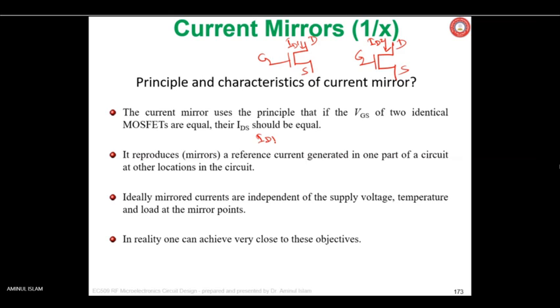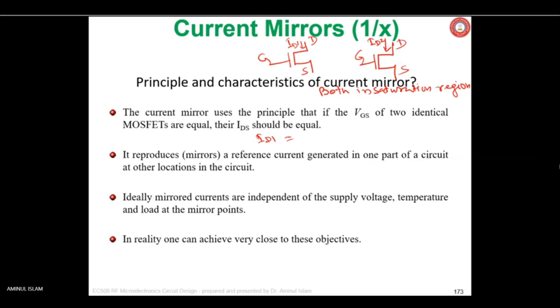ID1 may be written, if both are in the saturation region. So what is the equation for the current of a MOSFET in the saturation region? Can anybody say?